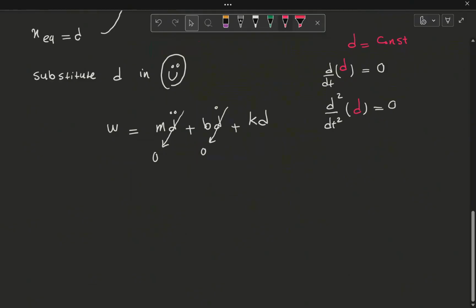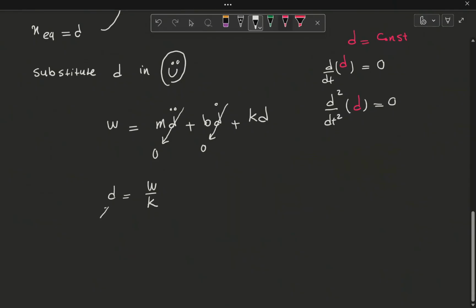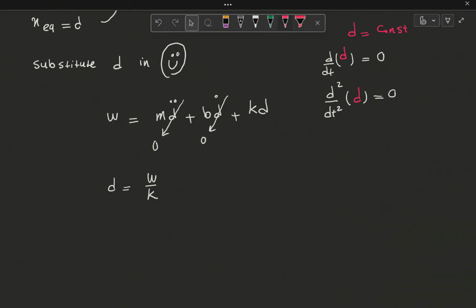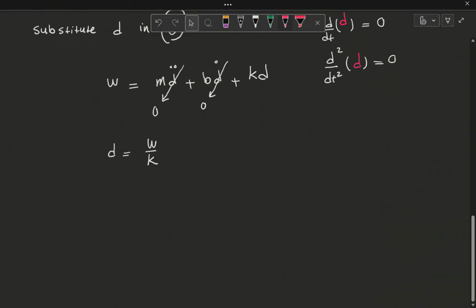So from here, I can solve this equation for d. Okay. And I can have a value for this and say that my d is in fact W over K, which means that if you have the W and you have the stiffness of your spring, you can easily find the distance between the free length of the spring and the static equilibrium point from this equation. Okay. So now let's go ahead and shift our coordinate system.